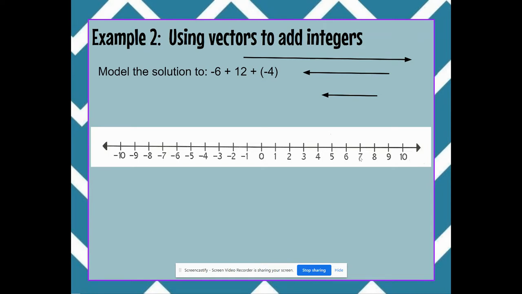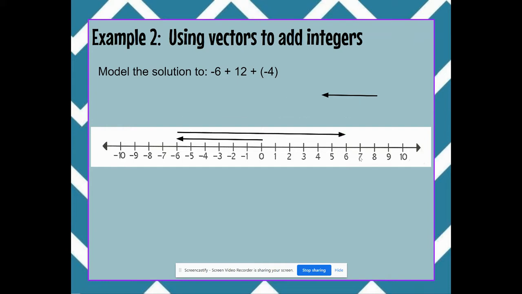Here's another example. We're going to model, this time, 3 addends. So first we have the -6 vector. We're going to place the tail at 0, and it ends at -6. Now we're going to look at the second addend, which is +12.